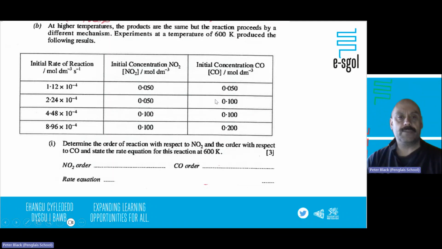Look at this, the NO2 is the same, this one's doubled, rate's doubled. So the CO must be first order. And then I'll probably use this run here for the nitrogen dioxide: double the nitrogen dioxide, kept the CO the same, and we can see again first order. So the rate equation is that.